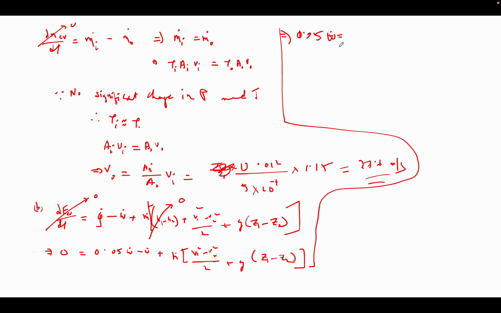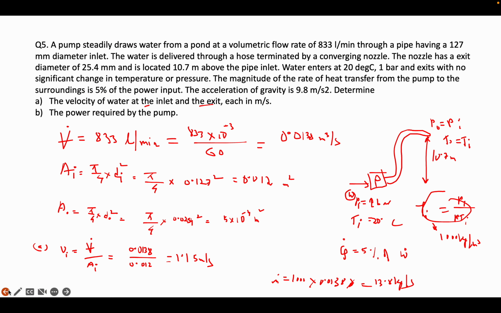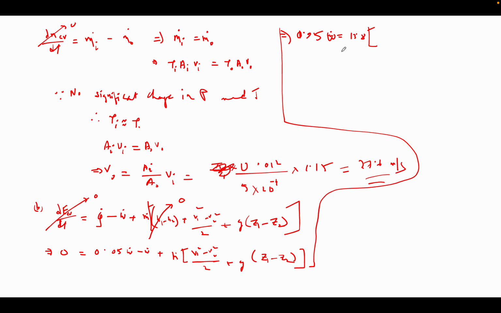Then this will be 13.8 times V1 squared minus V2 squared, divided by 2, plus g times z2 minus z1. What is my V1? V1 is 1.15, and V2 is 27.6.